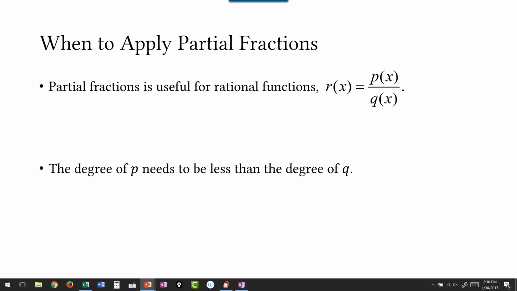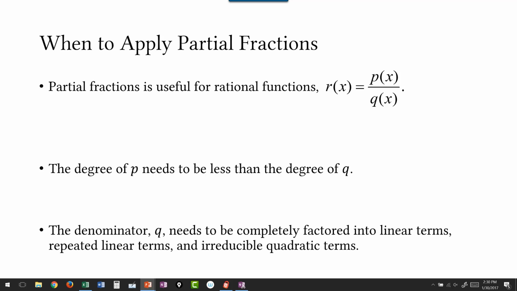And in those cases, we can do some kind of algebra, perhaps long division of the two polynomials, to rewrite the rational function in the appropriate form. And finally, to see how to proceed when applying partial fractions, we need to have the denominator q to be completely factored into linear terms, repeated linear terms, and possibly some irreducible quadratic terms.